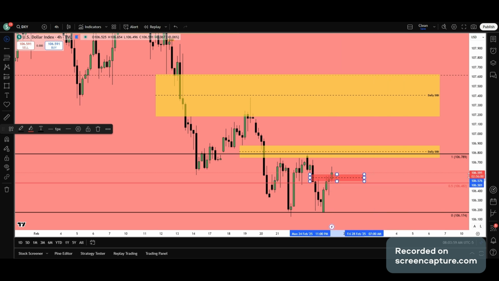You see that over here? 2 hours and 55 minutes. This candle will close. So price can still wick above this 4 hour sell side imbalance, buy side inefficiency and then price away from it.